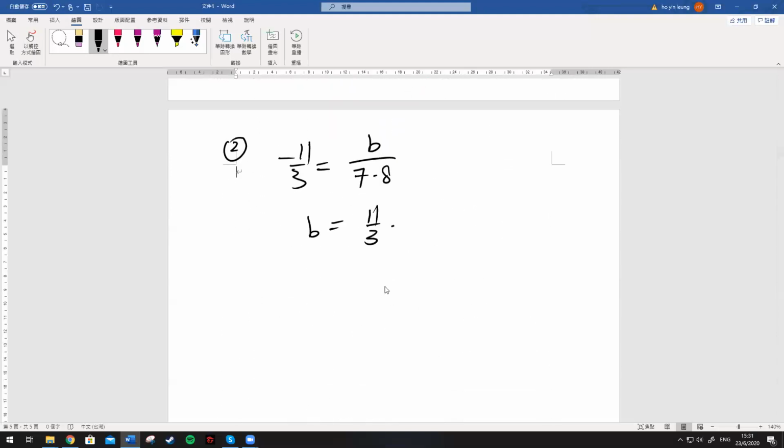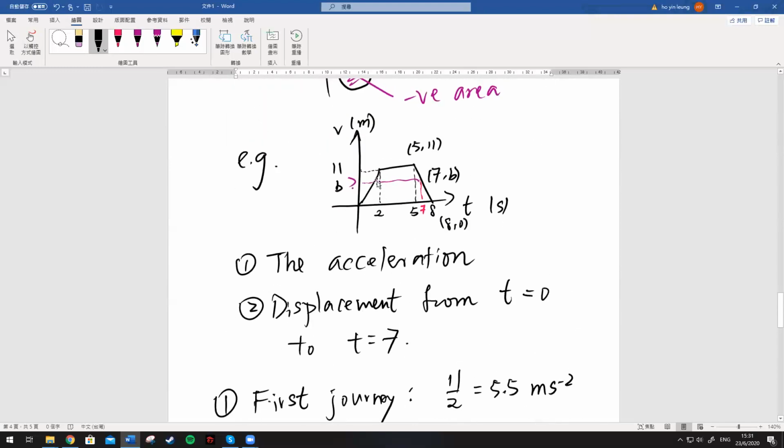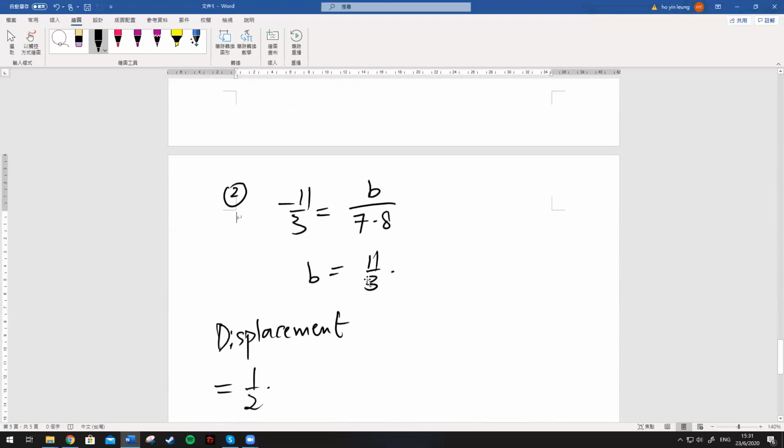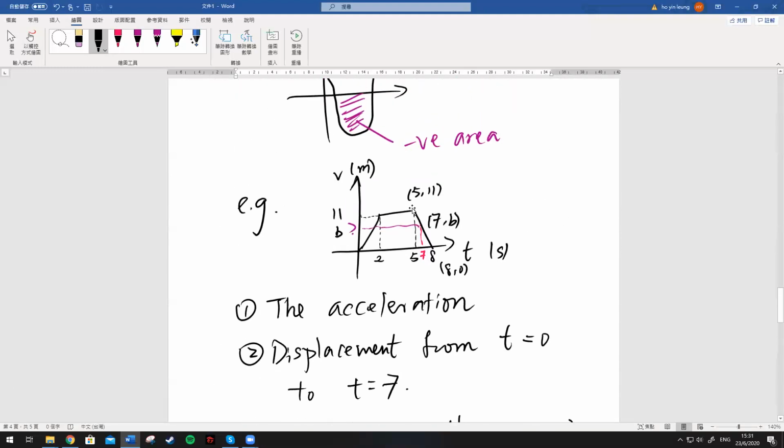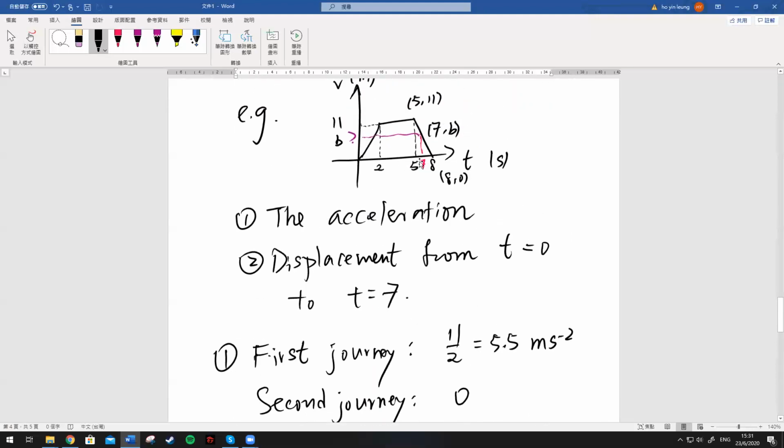So the displacement is equal to the area of the trapezium minus the triangle. Now look at this first. The height is 11, times the upper base and the lower base. The upper base here is 3, and the lower base is 8.